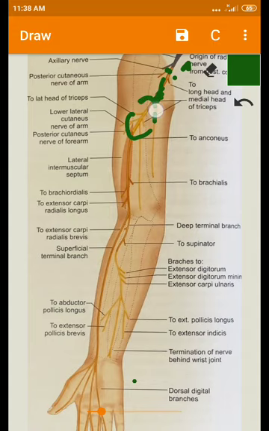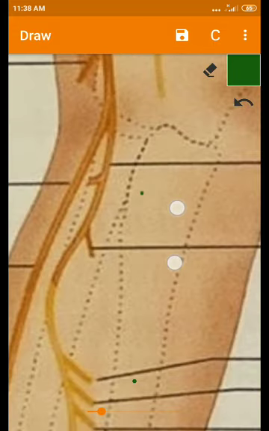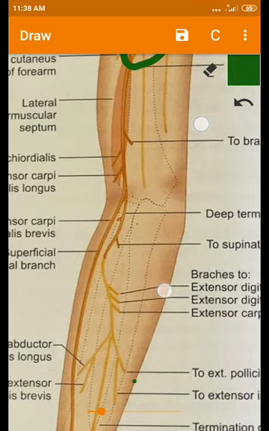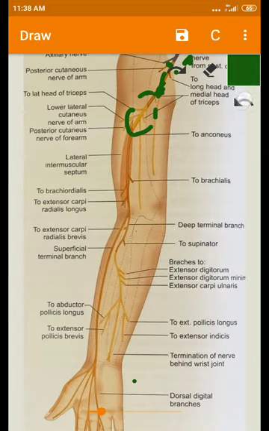So here you can see the differentiation of colors. The nerve is having two colors here. One is the thickened part, another one is the light yellow color. Wherever you see this light yellow color, they are present on the posterior aspect.